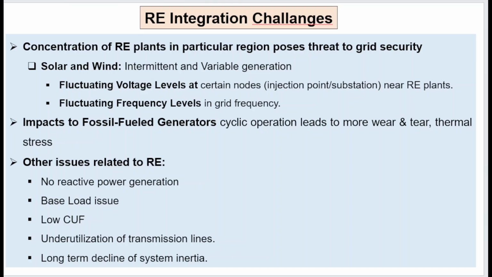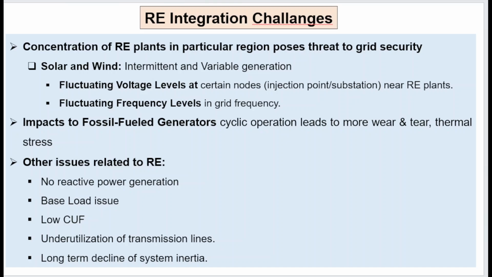RE cannot be backed down, so in that case the thermal plants are backed down. When they are backed down, it leads to wear and tear, stress, and thermal vibrations in the plant, which reduces its life. So these are major issues.